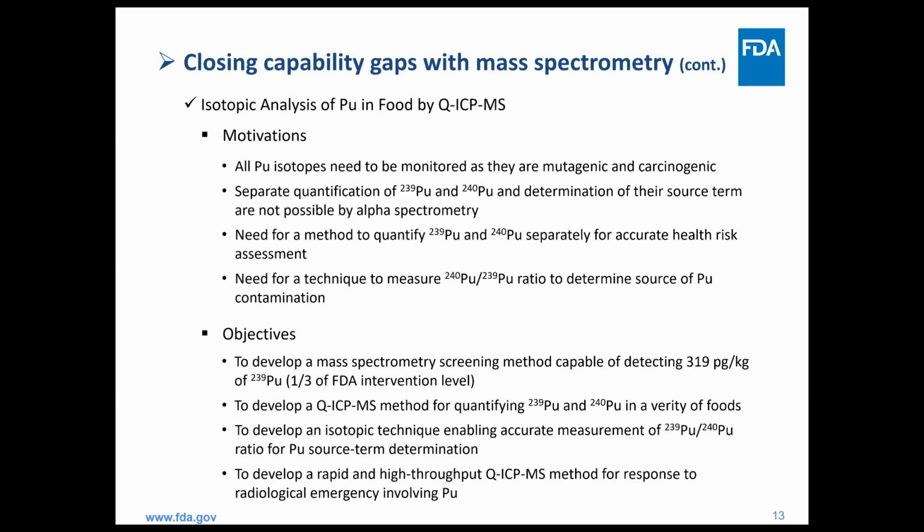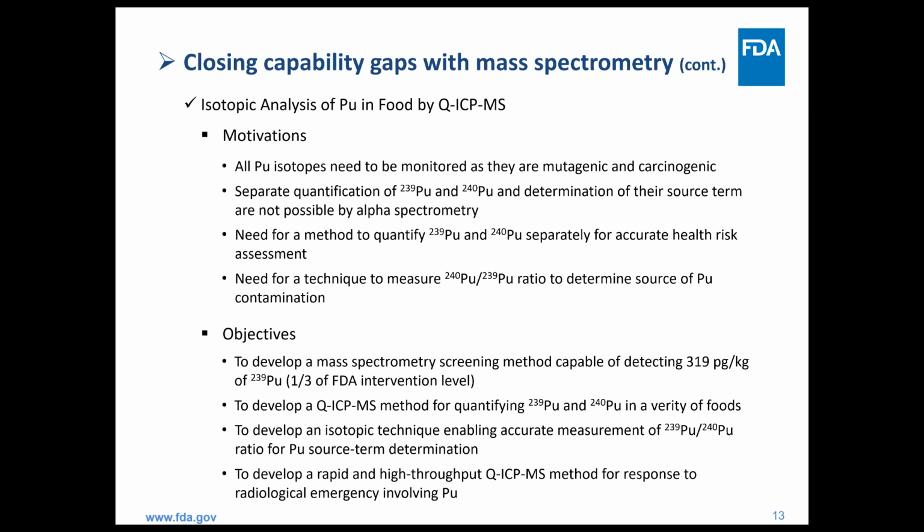Secondly, to develop an ICP-MS method for quantifying plutonium-239 and 240 separately in different kinds of food. And then we prefer to have the isotopic ratio technique, able to measure the plutonium-239 and 240 ratios, for source term determinations.